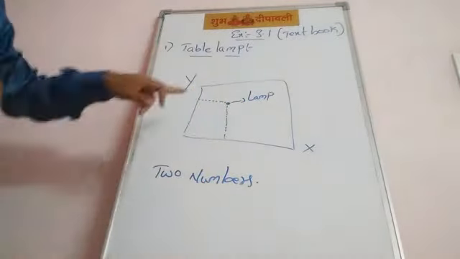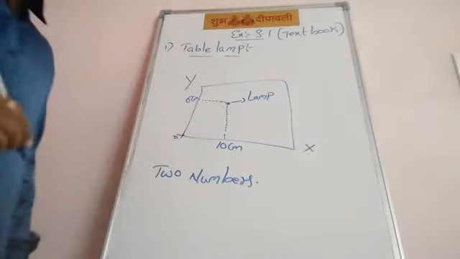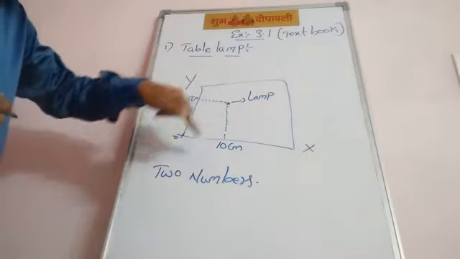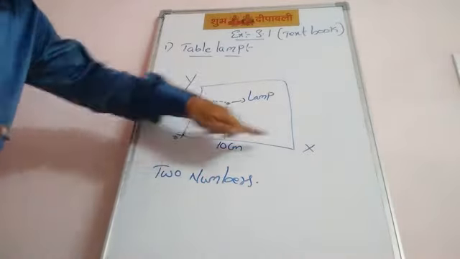For example, if we consider this as the origin, and the distance from here to here is, for example, 10 centimeters, and the distance from this is 6 centimeters, then the position of this point is 10, 6. This is only an assumption, to show how to represent a particular point in a plane in this manner.